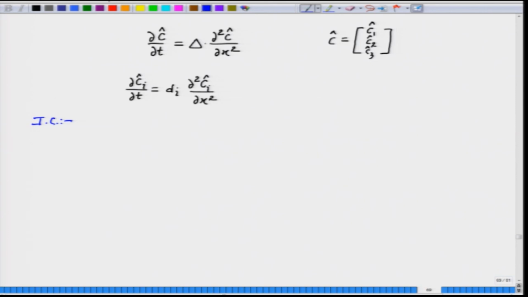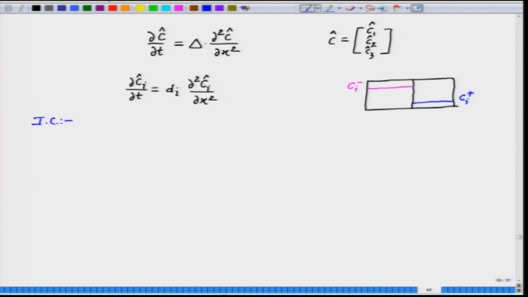So, the initial condition for a diffusion couple, remember, is a step function. If I draw the diffusion couple boundary condition again here, and consider any single component, on the left terminal alloy the composition was C I minus, and on the right terminal alloy the composition was C I plus to start with, and it is a step function.